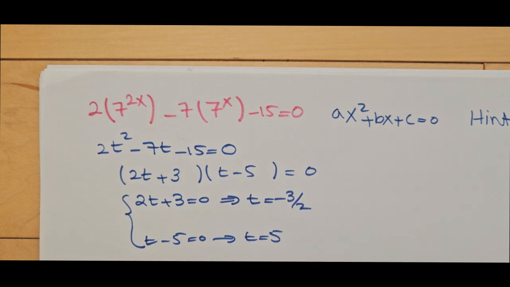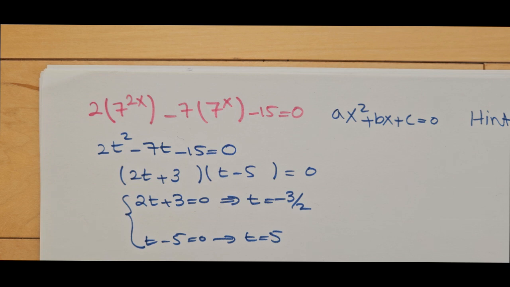Okay, so you have two answers, but the two answers are for t. Now from t, we have to get to x. So now we have to solve for x.